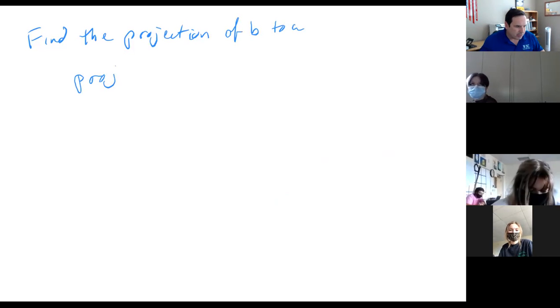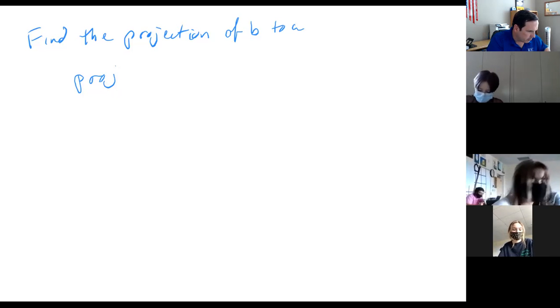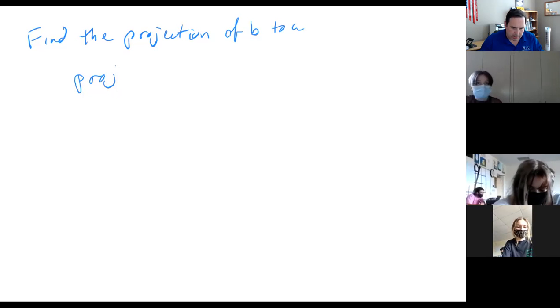The way we label this is really important, so let me get the right verbiage down. Normally it's a projection of something onto something.